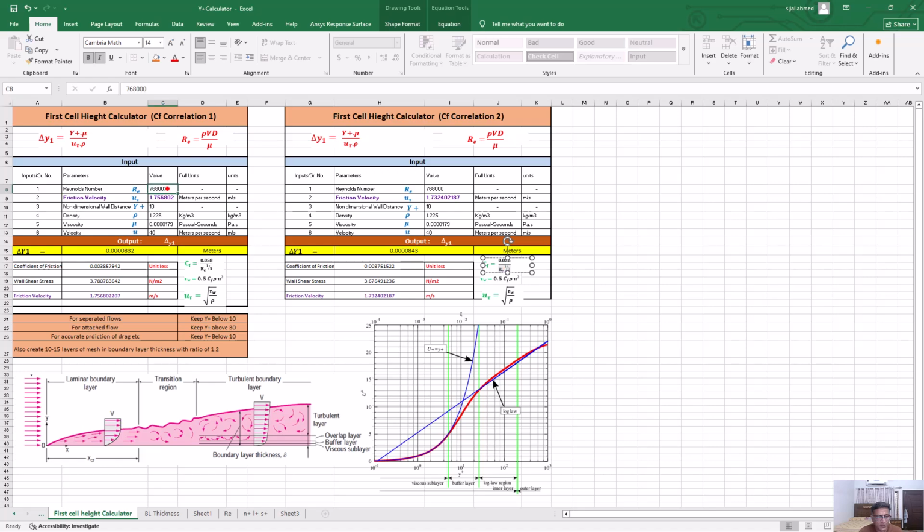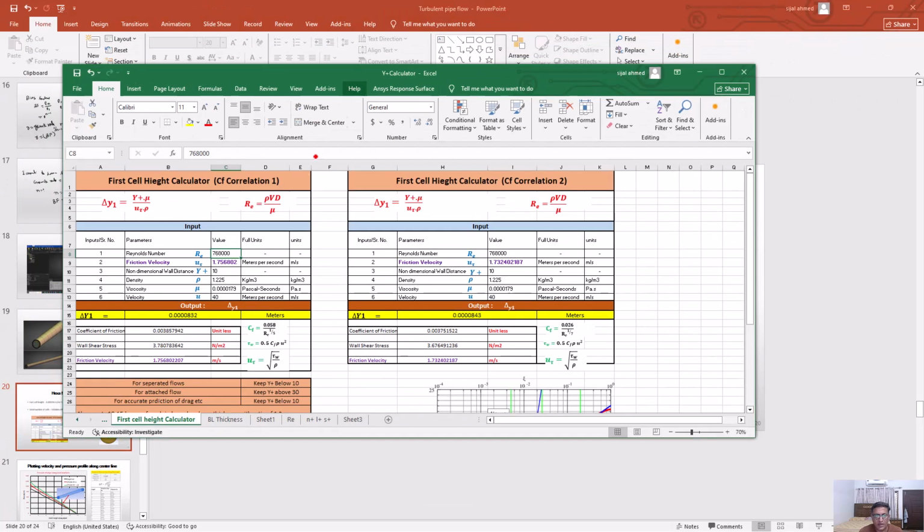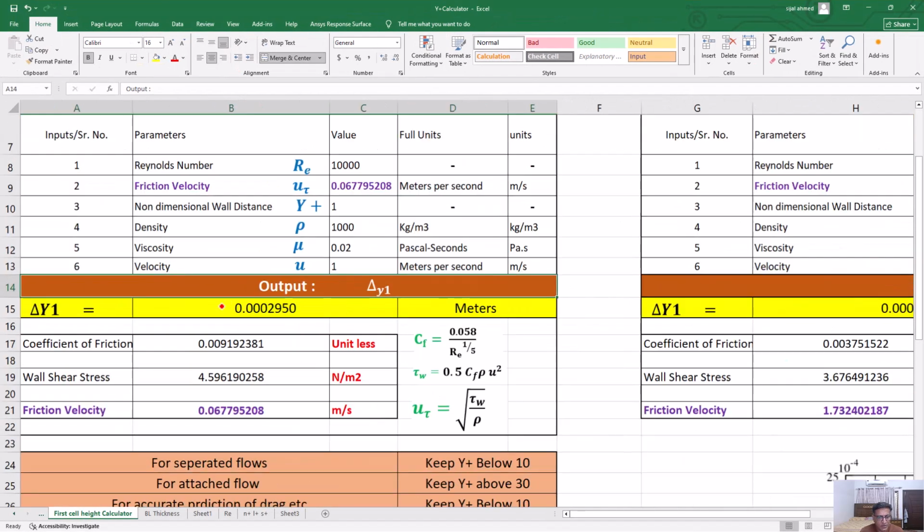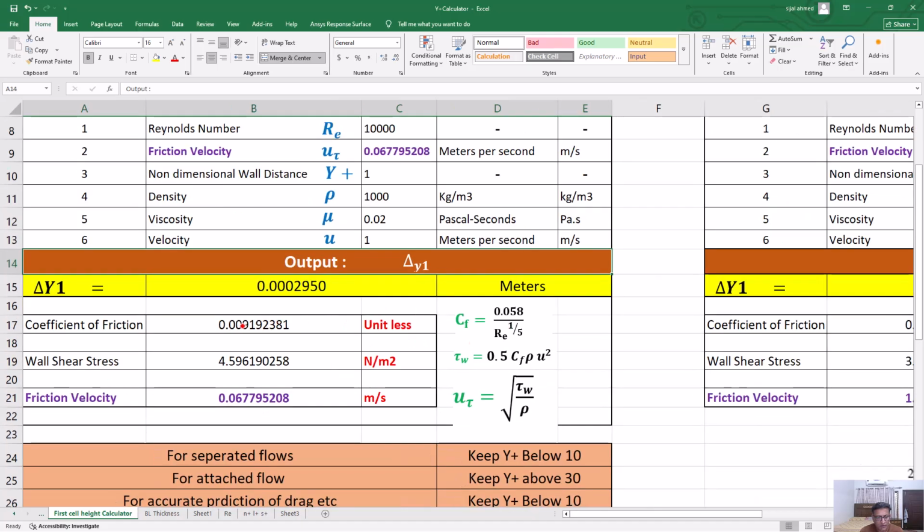What I did is put in the value of my Reynolds number, which is 10,000, and Y plus I want is 1, and my density is 1000, and viscosity is 0.02, and velocity is equal to 1 meter per second. So my first cell height with this formula would be 0.00029 meters.